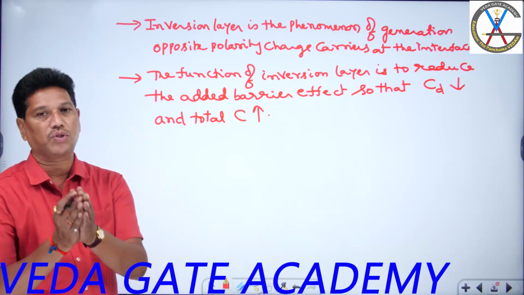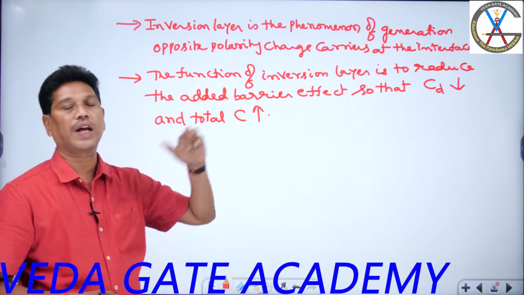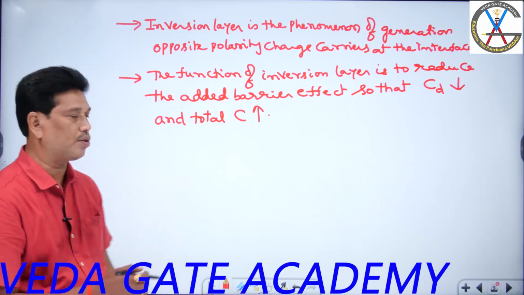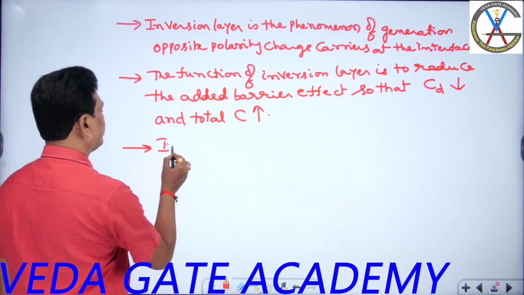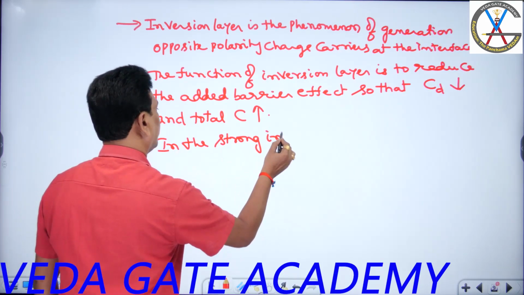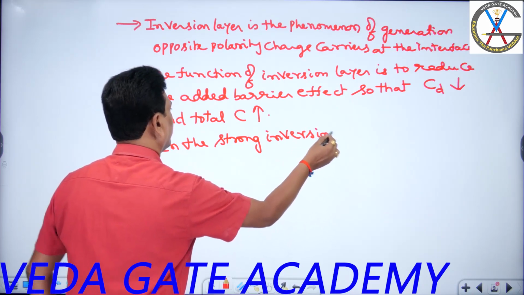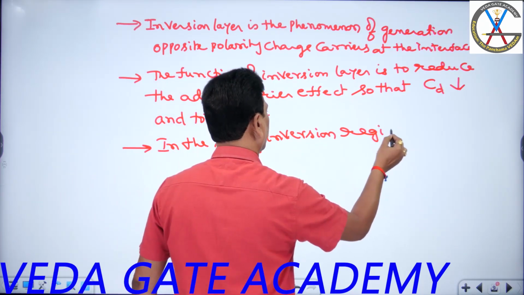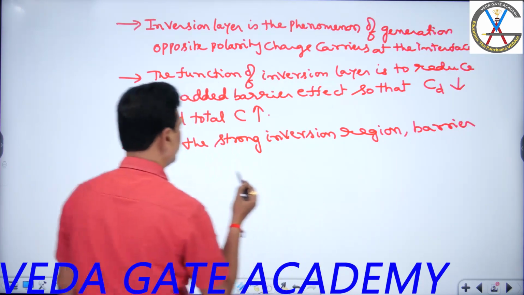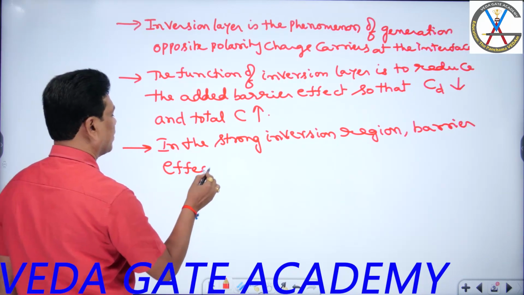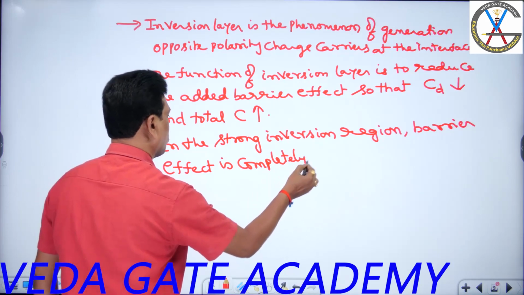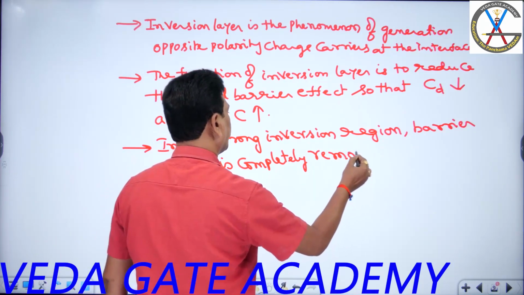So whenever you go for the strong inversion layer, the complete barrier effect is cancelled, and the capacitance is considered by the oxidation region, which is maximum and constant, students, right? In the strong inversion region, the barrier effect is completely removed, right?